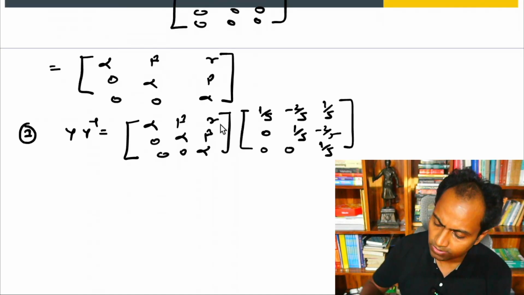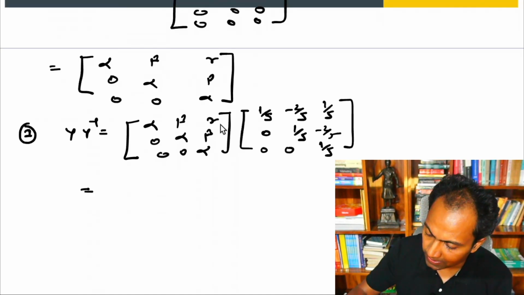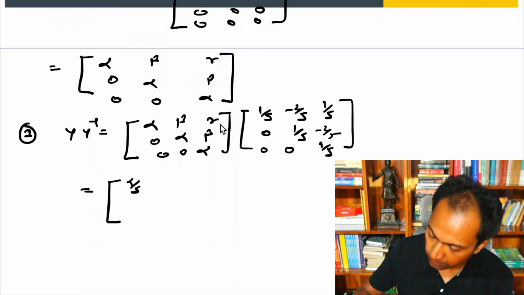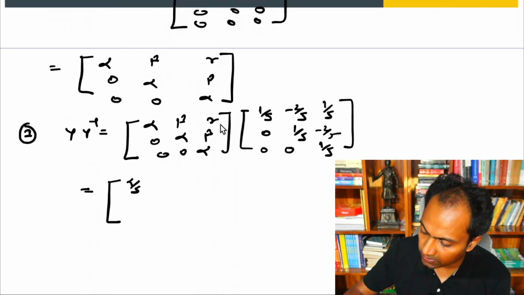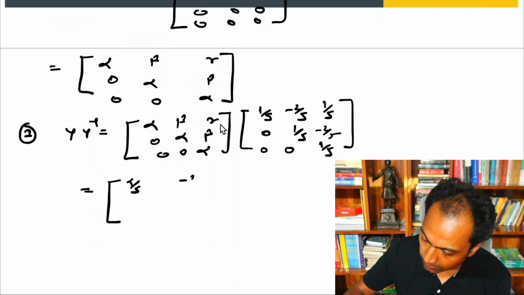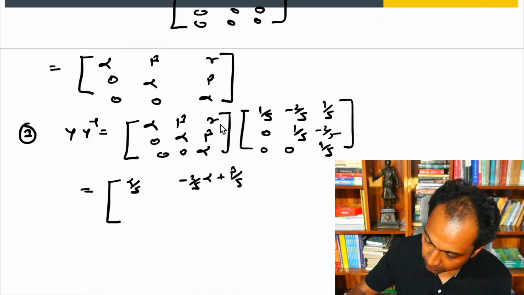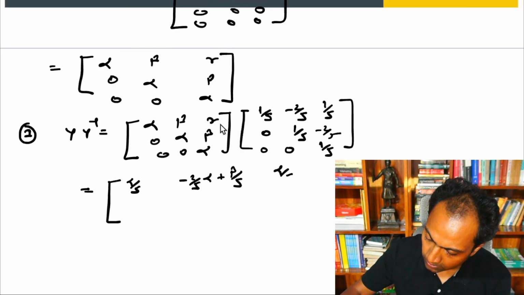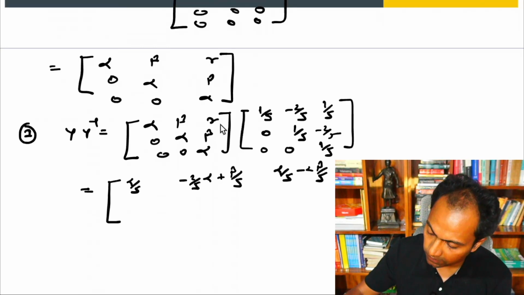Once I do this, now I will have to multiply the terms. If I do so, the first element will become nothing but alpha by 5. The second one will become minus 2 by 5 times alpha plus beta by 5, and the last will become alpha by 5 minus 2 beta by 5 plus gamma by 5. This is what we are getting.